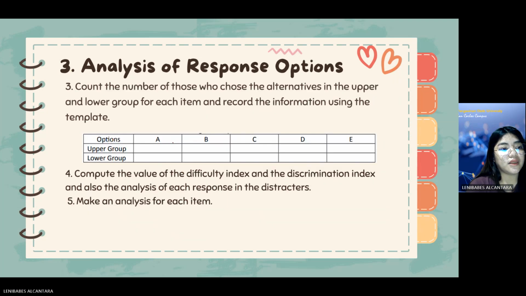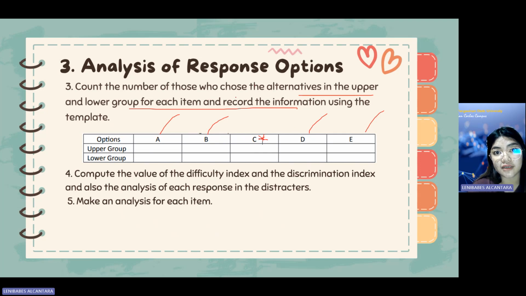Okay? Now, number 3, count the number of those who chose the alternatives in the upper and lower group for each item and record the information using the template. So, if you can see here, upper group, halimbawa, ang tamang sagot dyan ay letter C. Okay, ilan ang nagsagot ng A? Ito yung ating mga other options.